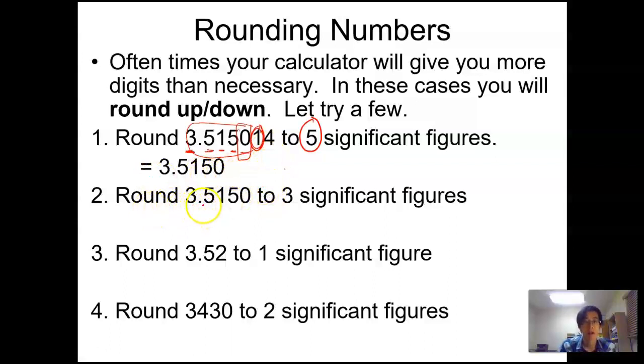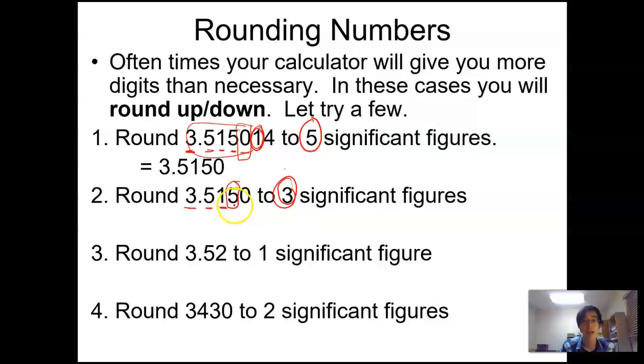Okay, so let's look at this one. I'm going to round this same number to now 3 significant figures. So once again, I'm going to start with the nearest whole number. 1, 2, 3. Okay, and then I look at this number right next to the last significant figure digit, and it's 5.